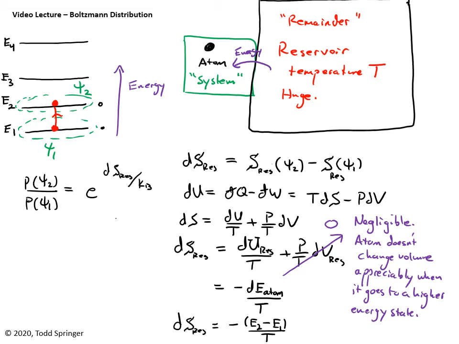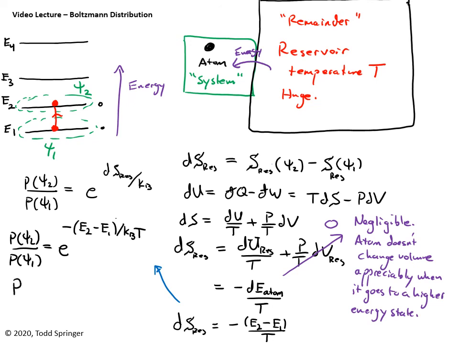And let's substitute that in up there. So the probability that the atom is in state 2 divided by the probability that the atom is in state psi1 is e to the minus (E2 minus E1) over kB times T. If you look at this, you see that the ratio of these probabilities is the ratio of the exponentials.